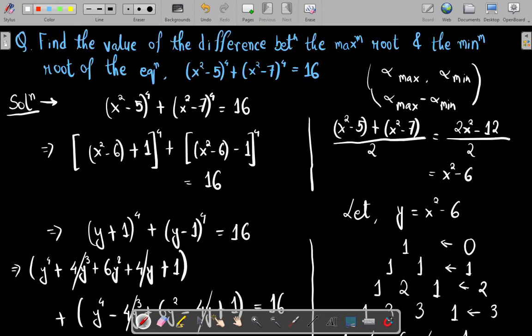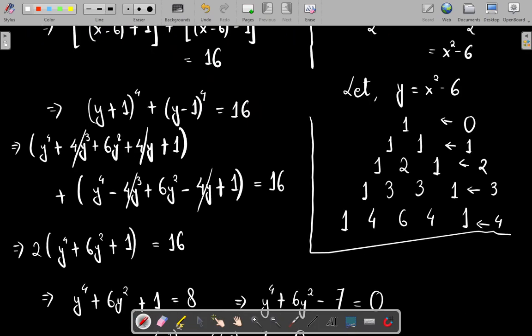Okay, so in this question I just used the middle expression of these two expressions, because that expression x square minus 6 will be equidistant from either of these. That is, this is symmetric between these two expressions, right? So I can change the equation to this form, (y plus 1) to the power 4 plus (y minus 1) to the power 4.